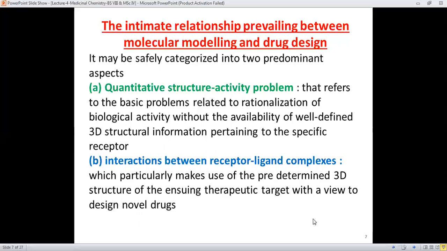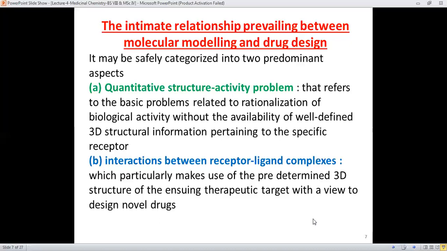It may be safely categorized into two predominant aspects: the quantitative structure activity relationship, and second, the interaction between the receptor and ligand complexes. The whole of drug chemistry deals with the receptor and the ligand.